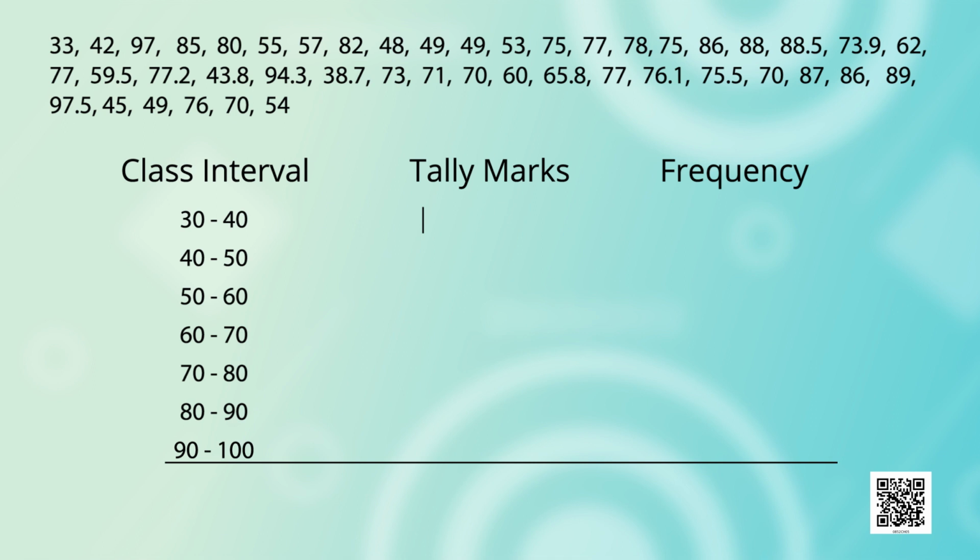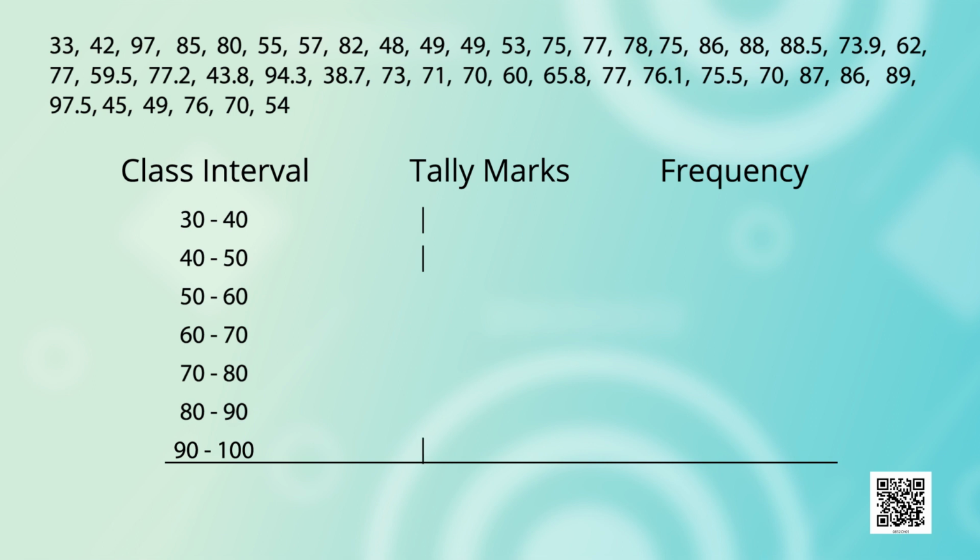Then the next score is 42. Children, its value lies between 40 and 50. So we'll make a tally mark in front of 40 to 50. The next score is 97. Its value lies between 90 and 100. So its tally mark will be in front of 90 to 100.